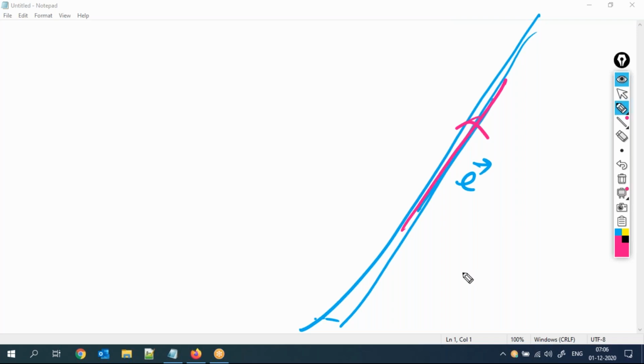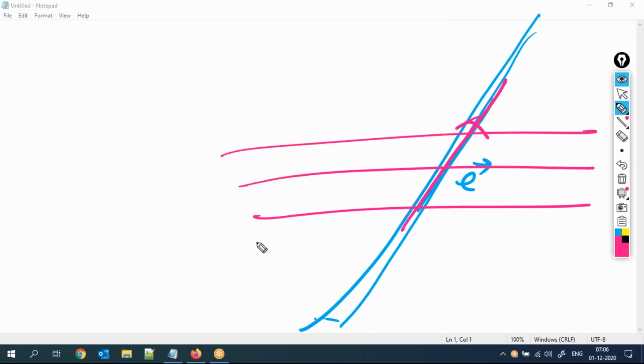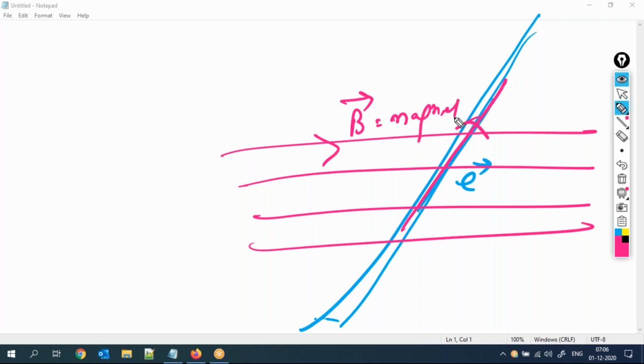Yes, sir. And there is a magnetic field, B equal to magnetic field, right?